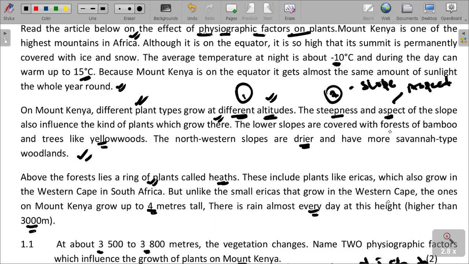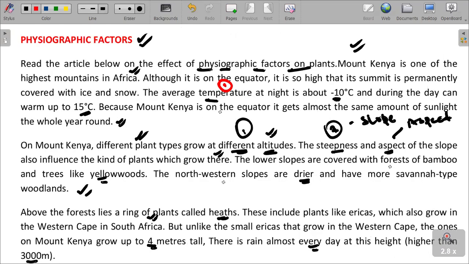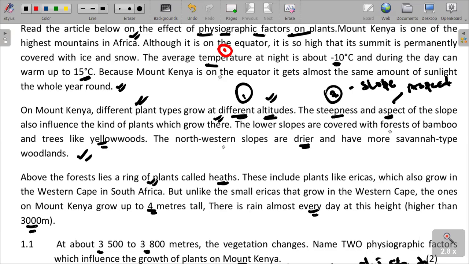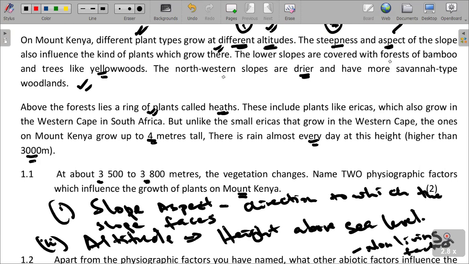Average temperature. We can talk about temperature as one of the factors. We can talk about the issue of rainfall, which we are given, that there is this amount of rainfall falling here. We have got rainfall, we have got temperature, and then vegetation is also affected by the soils.